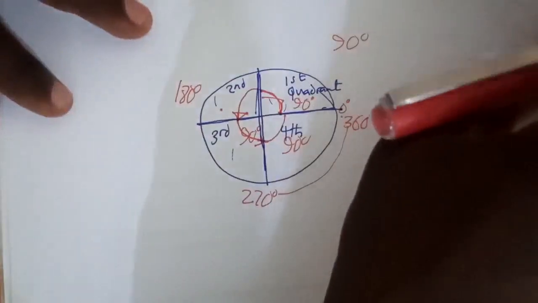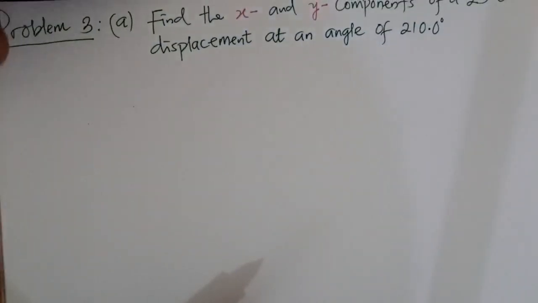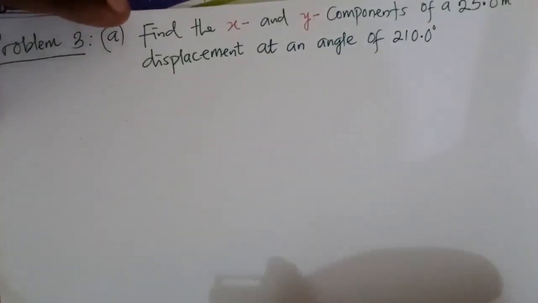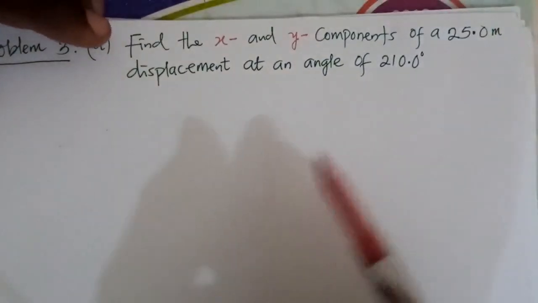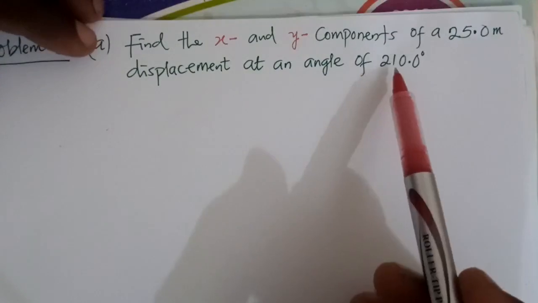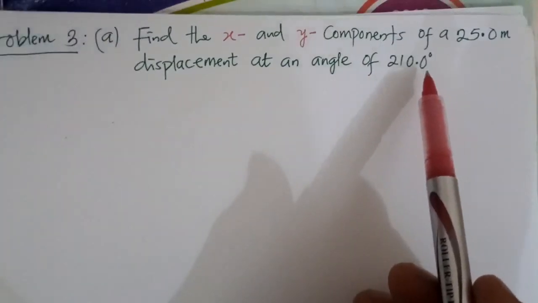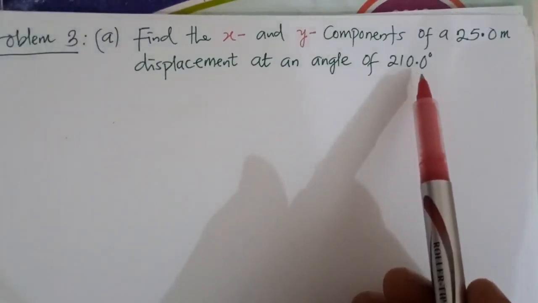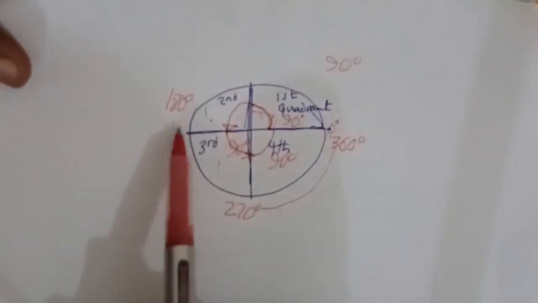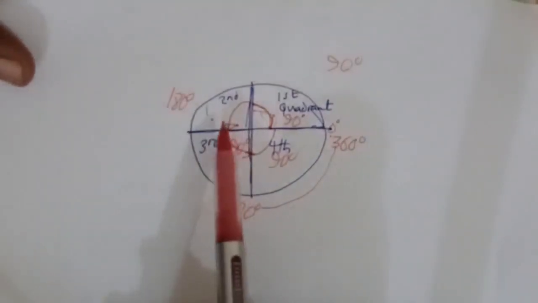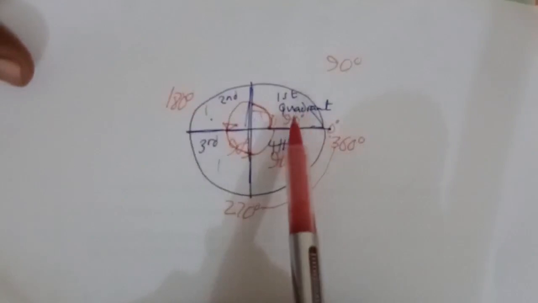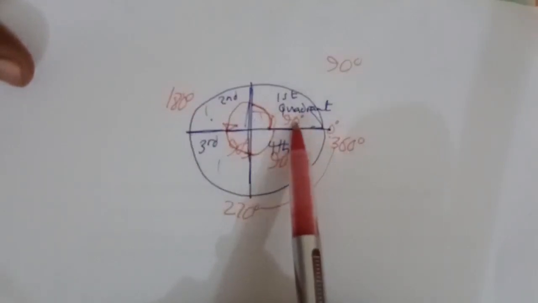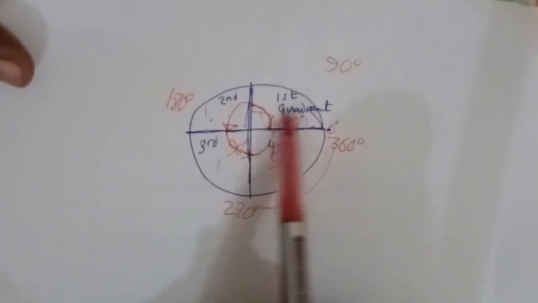Look at the angle. From the value of the angle, you can understand whether it is in the first, second, or third quadrant. The angle we are given is 210.0 degrees. 210 is more than 180, so it cannot be in the second quadrant. First of all, let's start from the first quadrant. It's only 90, so we can't have 210 here.